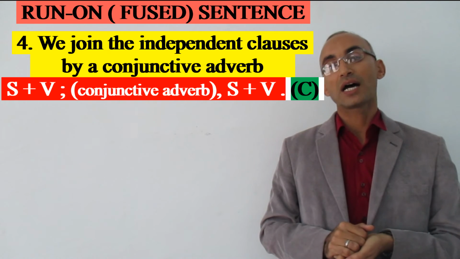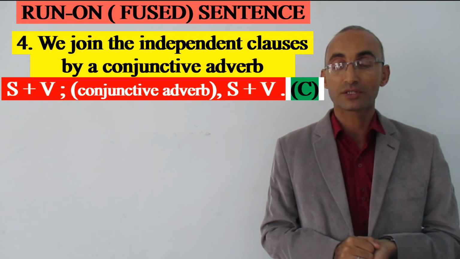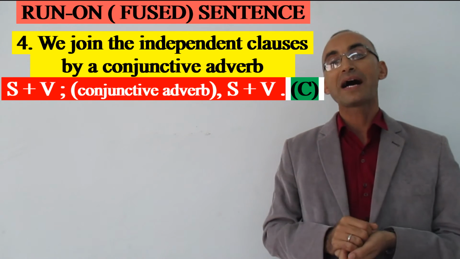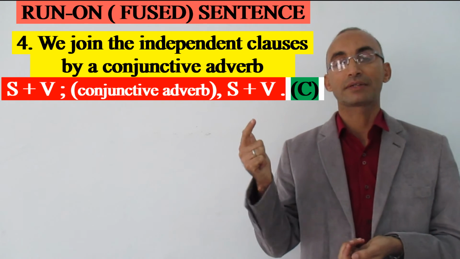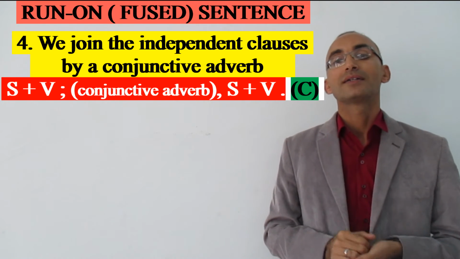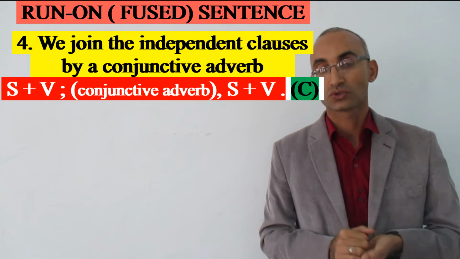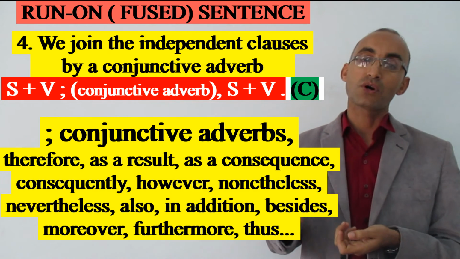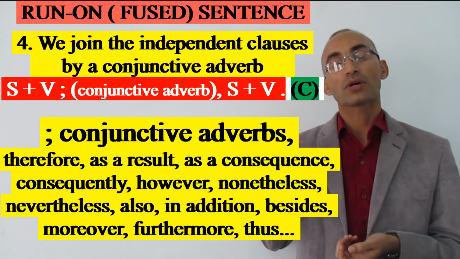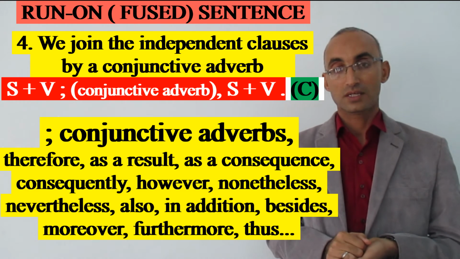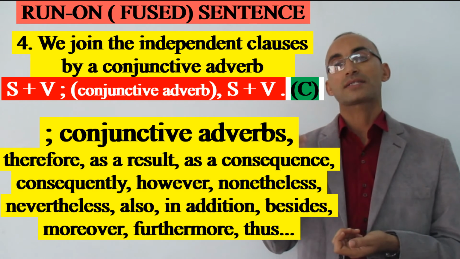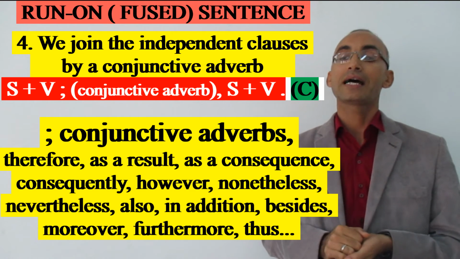The fourth way of correction also combines both punctuation and a connector. Here we use the conjunctive adverbs, like therefore, however, nonetheless, moreover, also, in addition, consequently, as a consequence, and so on.